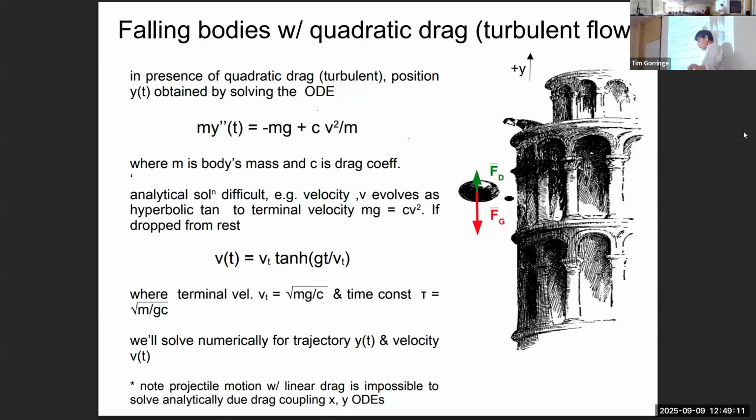In the case of quadratic drag force, the step from one-dimensional vertical motion to two-dimensional projectile motion with a drag force is actually an unsolved problem analytically. There is no analytical solution that we know of to this problem. Again, it's related to the coupling that the drag force causes between the otherwise separable horizontal and vertical motion. So this truly is a problem that can't be solved analytically.